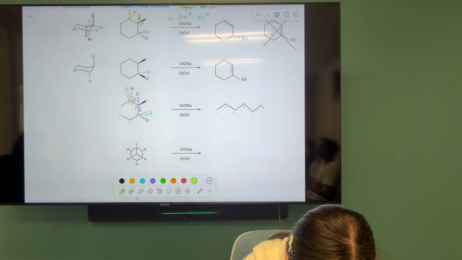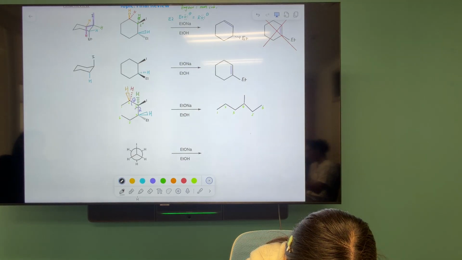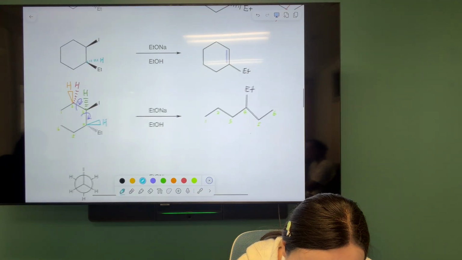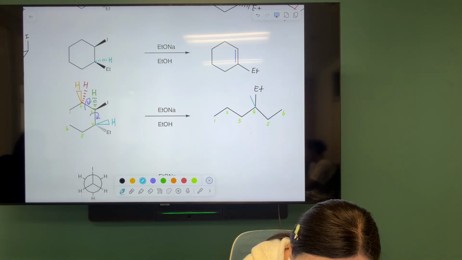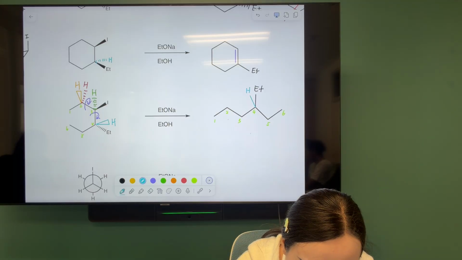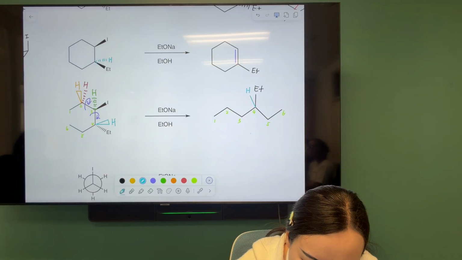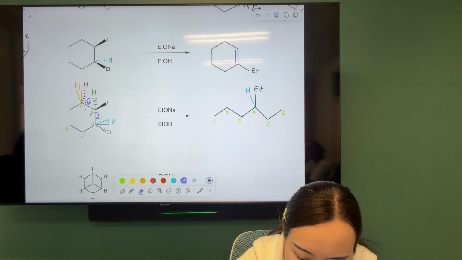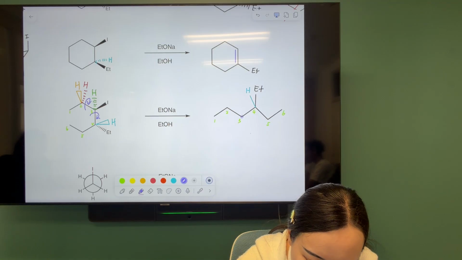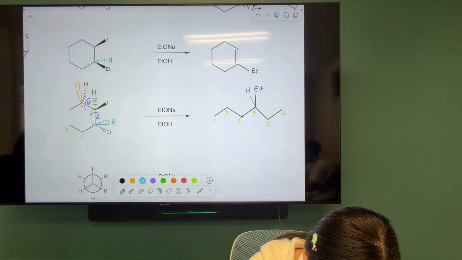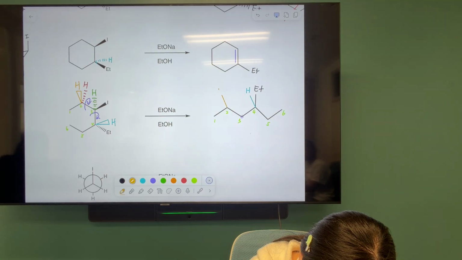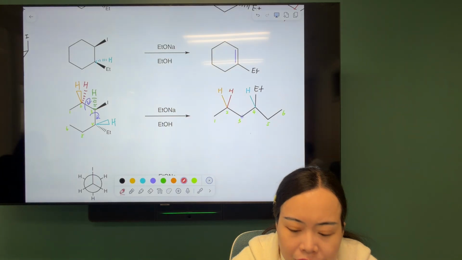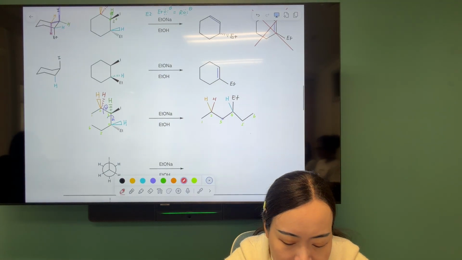On carbon number 4, I have an acyl group, which is not part of the game. It wasn't being affected yet. My blue hydrogen used to be here, right? My number 3 used to have an iodide, which I'm going to color code purple, where my double bond is going to form from. And my number 2 has my yellow hydrogen and my red hydrogen, right? I can free rotate to whatever angle I want.